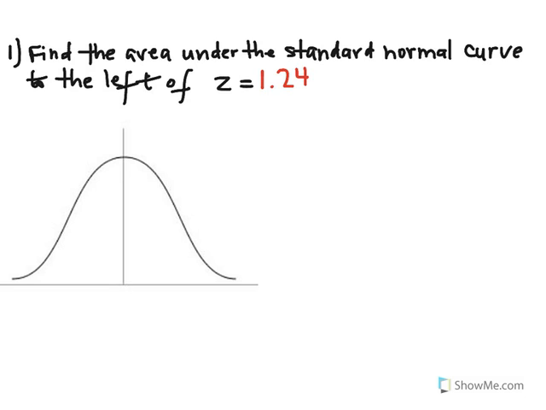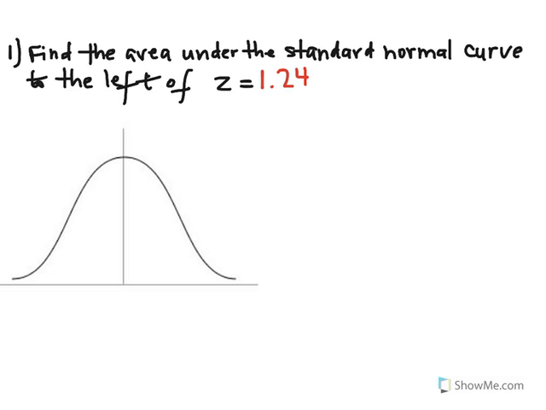Let us now solve some exercises or problems and find the area associated with a z-score. Let's imagine that we want to find the area under the standard normal curve to the left of z 1.24. For this, let's visualize it first in the bell-shaped curve graph here.